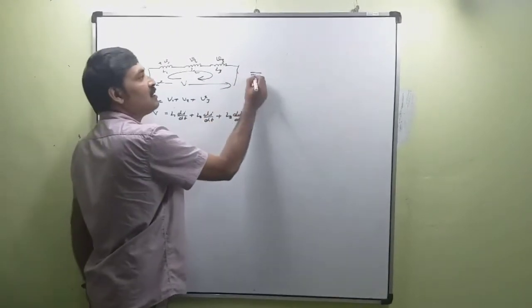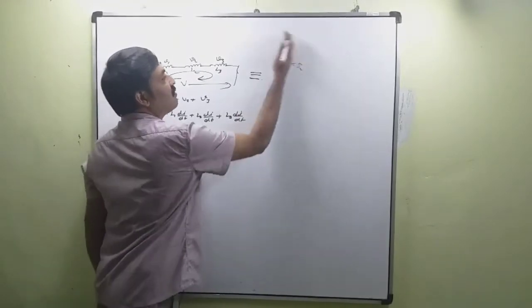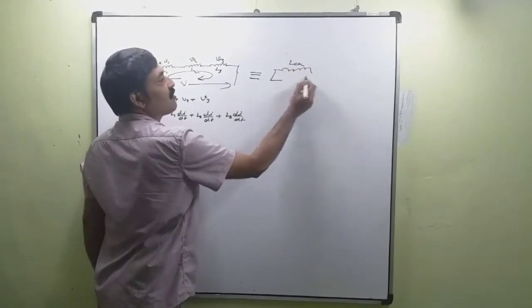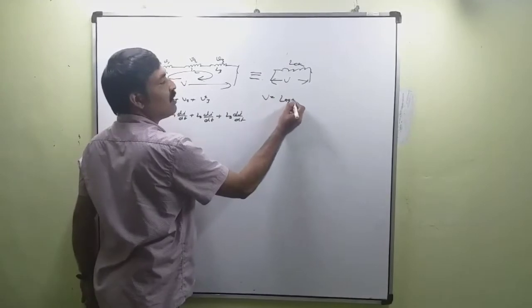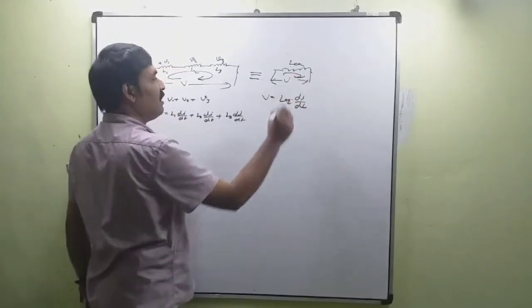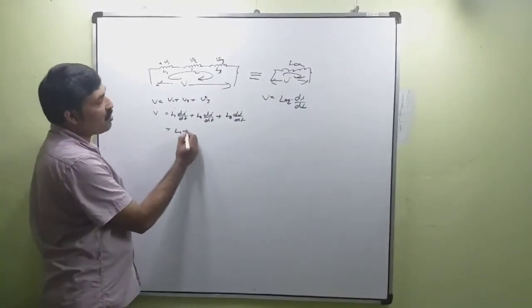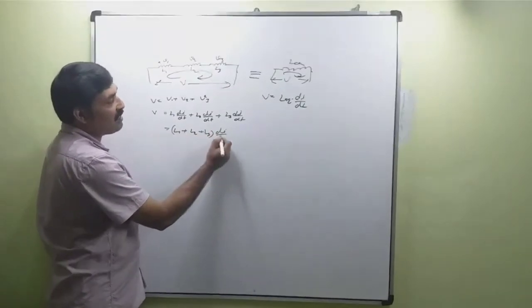Suppose this is replaced by an equivalent inductance, L equivalent. Let this be the voltage applied. So V is equal to L equivalent into di by dt. Okay, now we can write this is equal to L1 plus L2 plus L3 into di by dt.